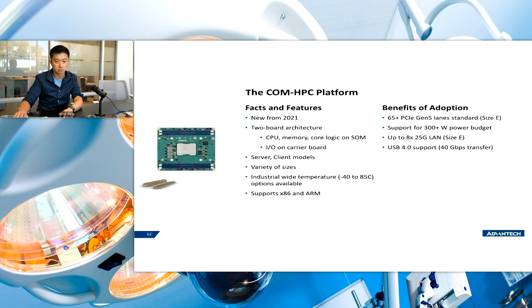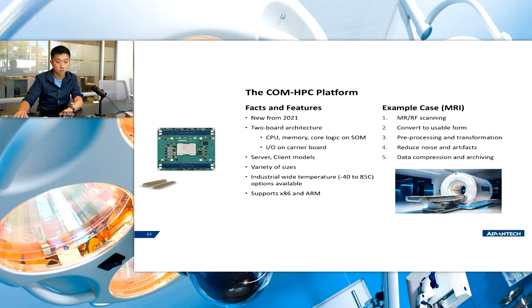So briefly, I wanted to walk you through an example of how COM-HPC can be very useful for 3D imaging machines. As an example, MRI scanners generate very large amounts of raw data. Your system might use magnets and coils, then an RF system, some PLCs for low-level control.